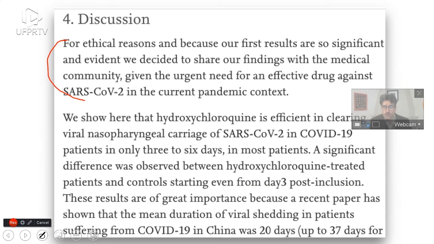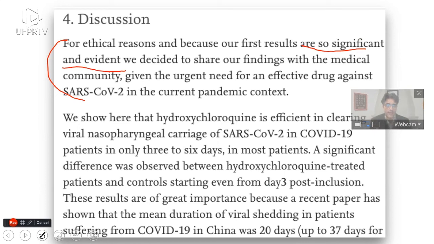That's true. And that is the context in which this was presented, and it does, to a large extent, justify the need to put anything out there, except that in that caveat that they put there, they put this "so significant and evident" without qualifying that statement.